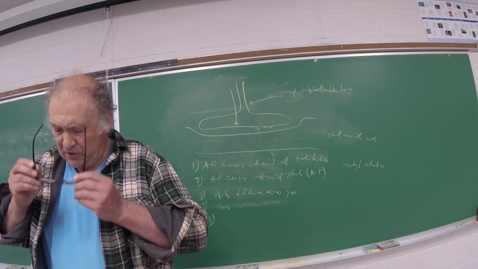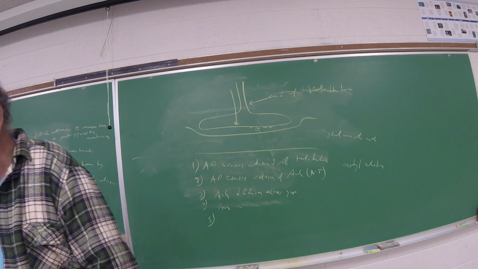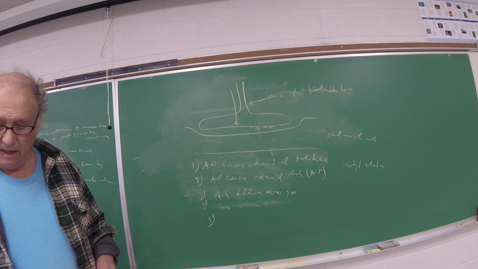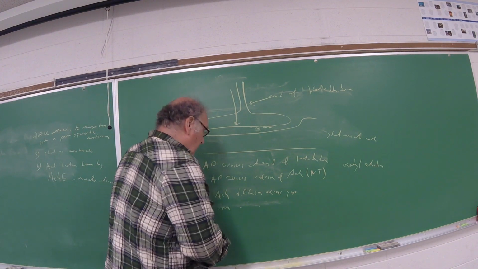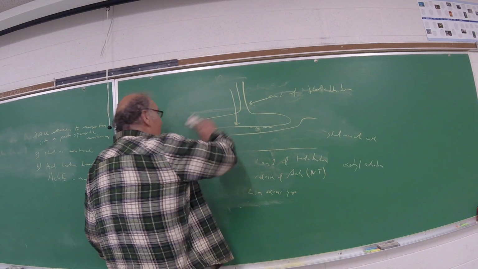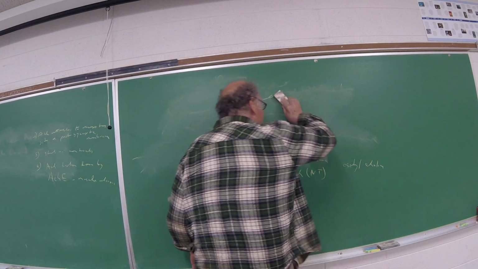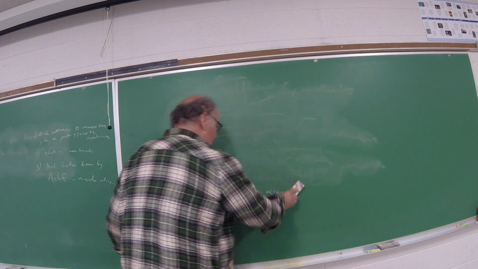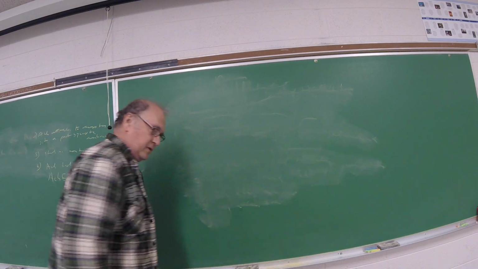Okay, now I want to go back to the one above, number 6. All right, number 6. And I probably will quit with this for today and I'll finish it tomorrow. I got to go back to my neuron right here, okay?